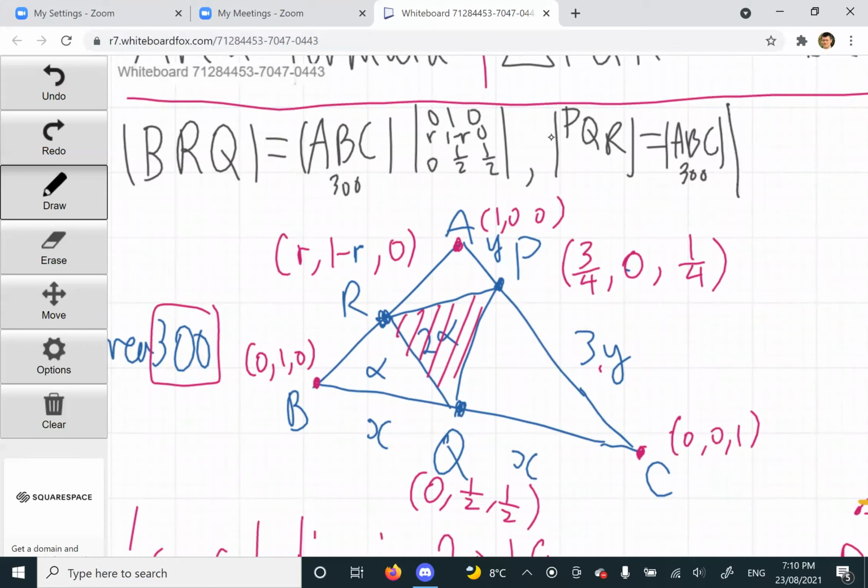And P is 3/4, 0, 1/4. Q is 0, half, half. And R is R, 1 minus R, 0.